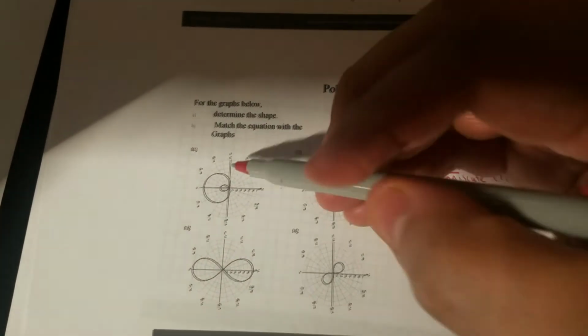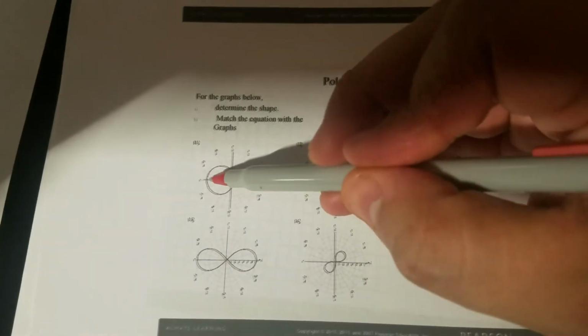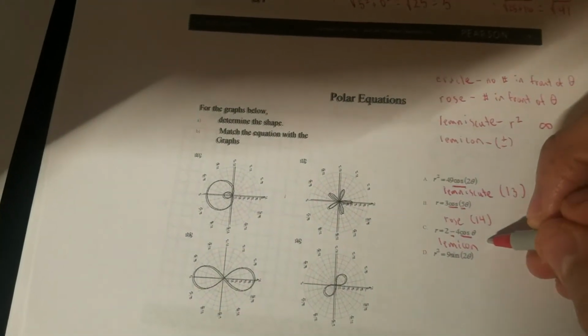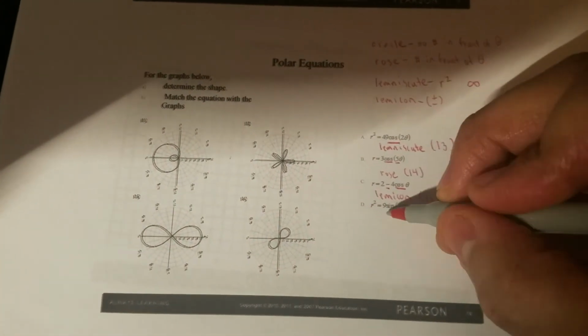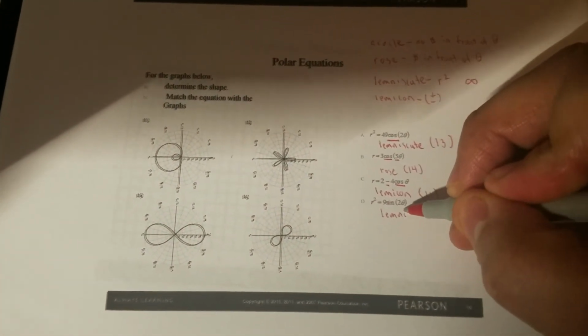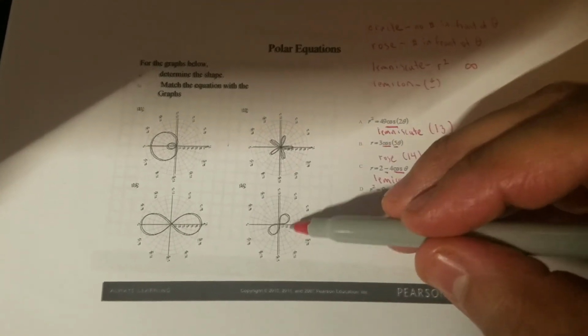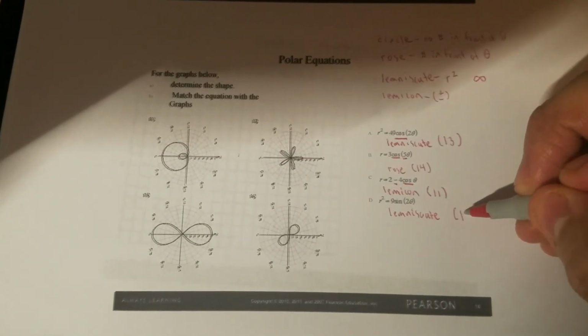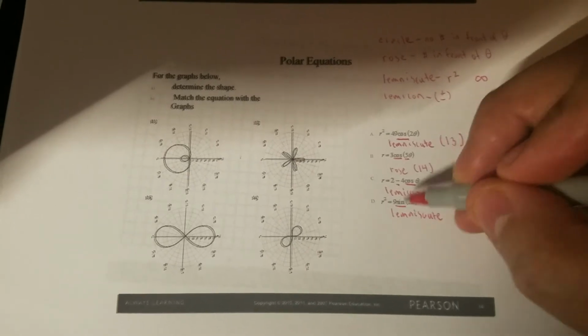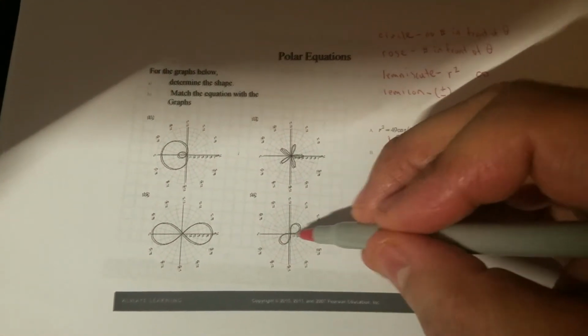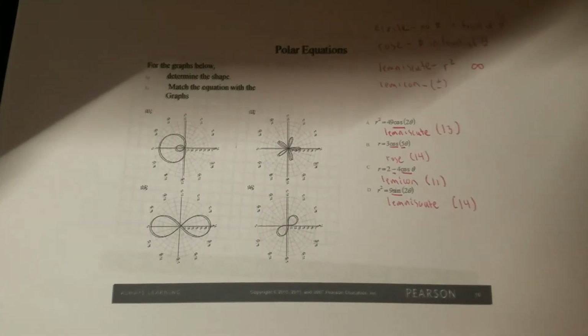Again, cosine, it is touching that line, so this is a cosine. This one is number 11, and this is also a lemniscate because it is r squared. And this one is number 14. You see how this says sine? This one's not touching that line here, so I'm good there.